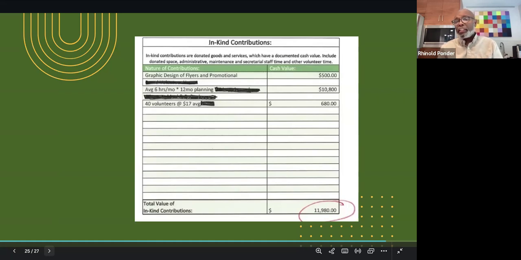Mercer County Division of Culture and Heritage does not have specific requirements regarding those numbers, but I suggest that to you so that you have an idea that your volunteers are valued. And it's great that you can use this as a 50% match. So here, I don't remember what this particular match required, but 11,000 is probably a great number for any match.